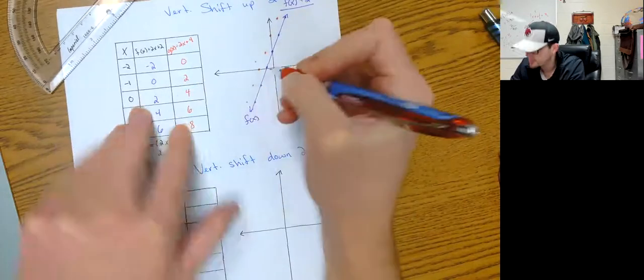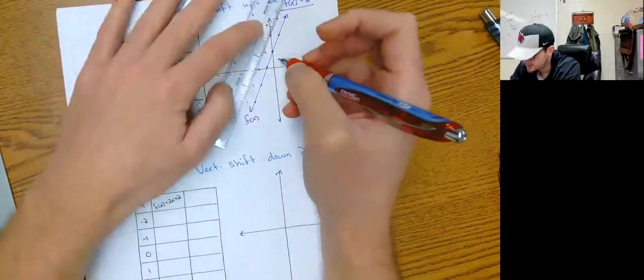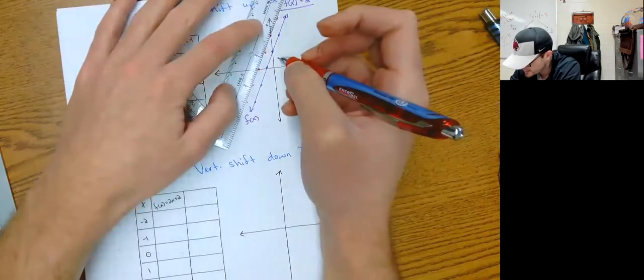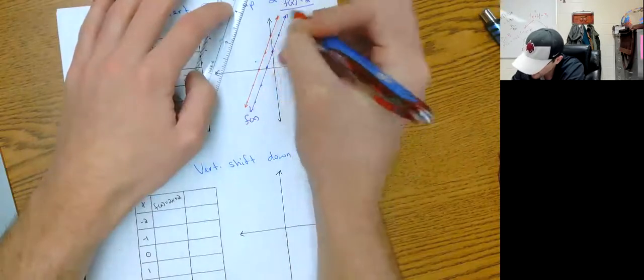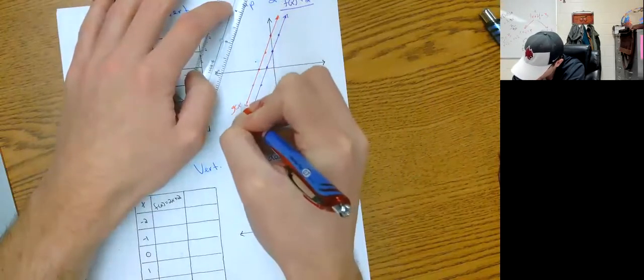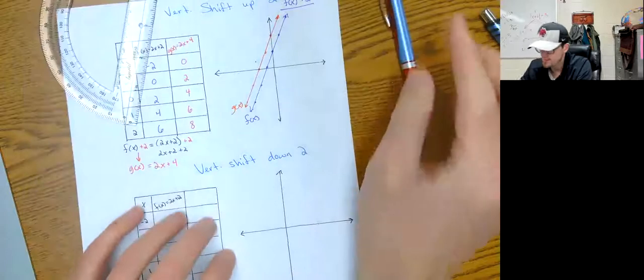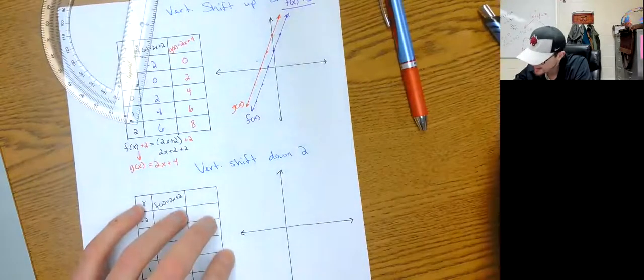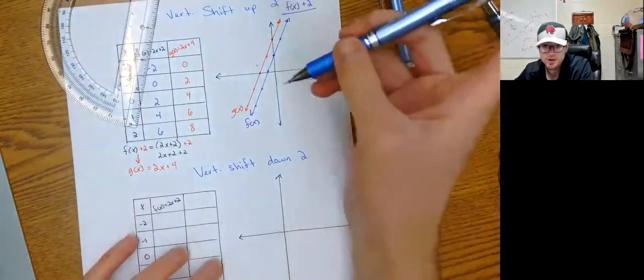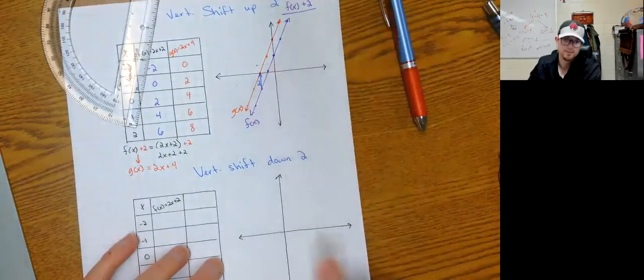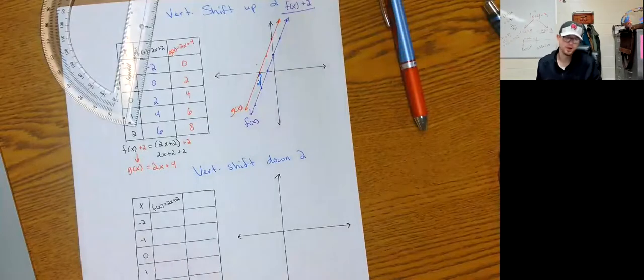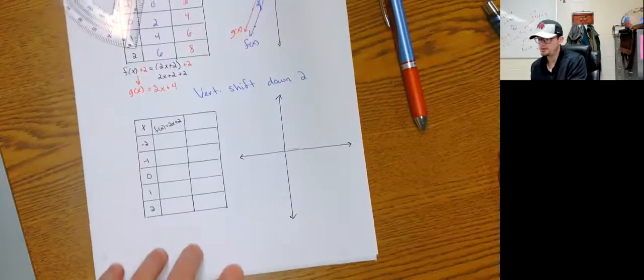Just drawing a couple more to make sure I can draw this perfectly straight for the most part. And that would be g of x. And if you noticed, we did in fact shift it up 2. Shifted everything up 2. Awesome, perfect.